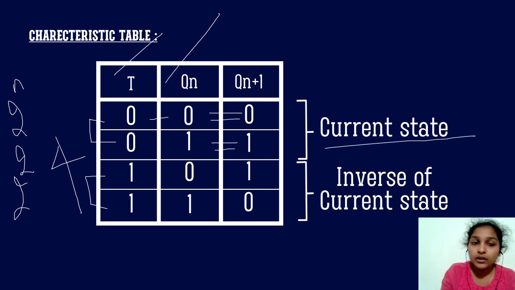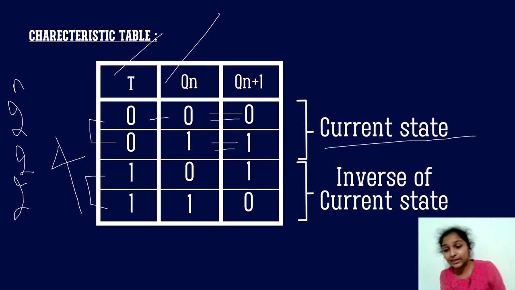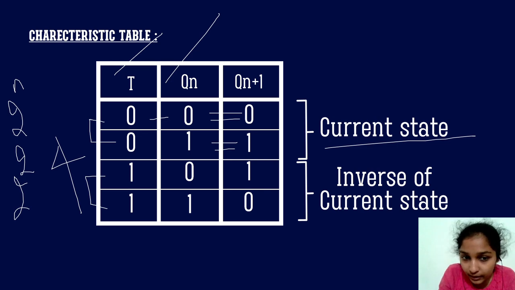In the truth table, we also saw the case for 1. If 1 was the input, we got the next state output as the complement of the current state output. So let's see how that works.